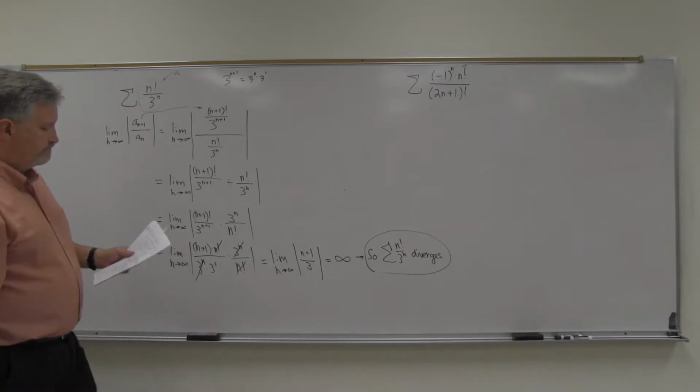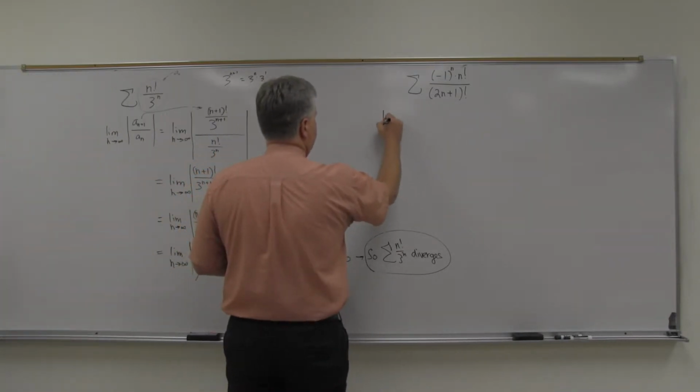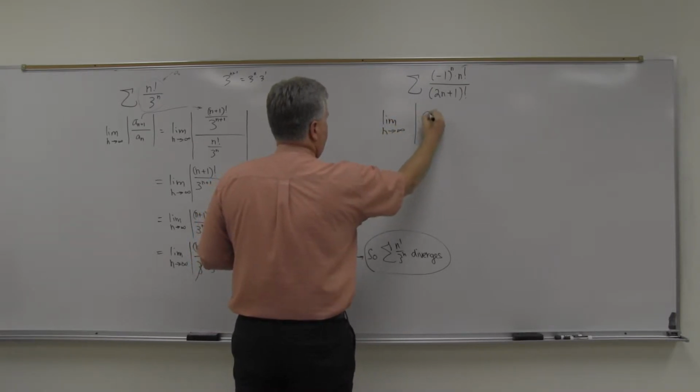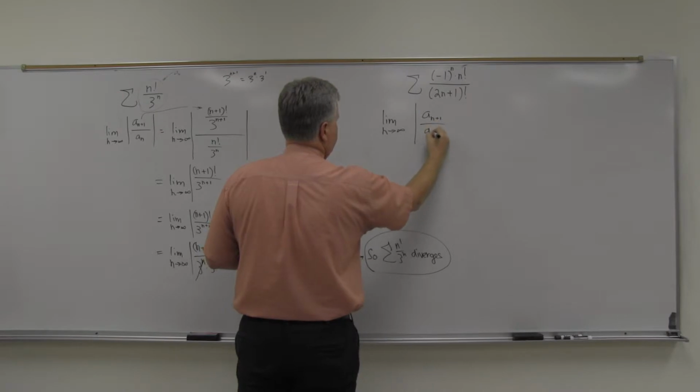So let's think about our ratio here: the limit as n goes to infinity of the n plus 1 term over the nth term.